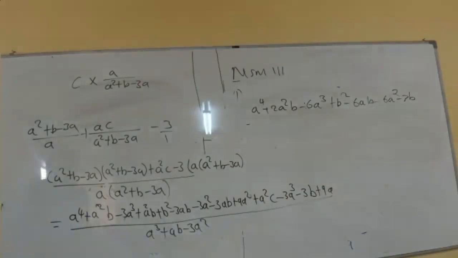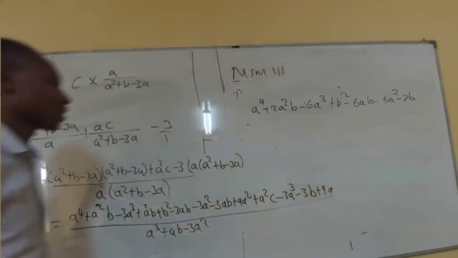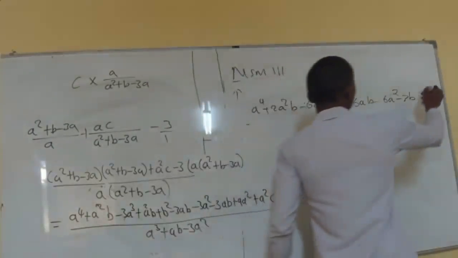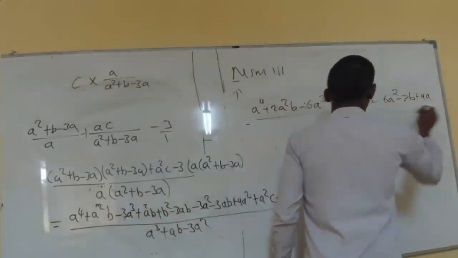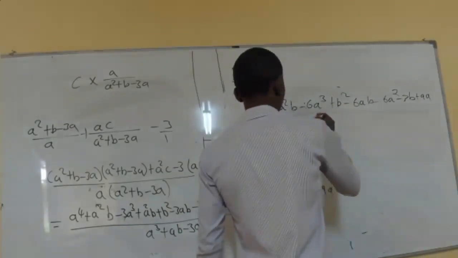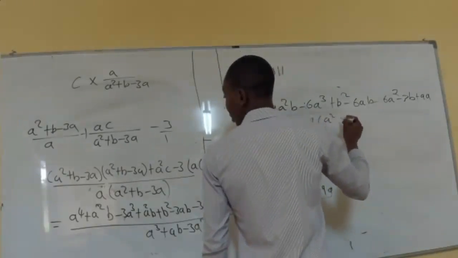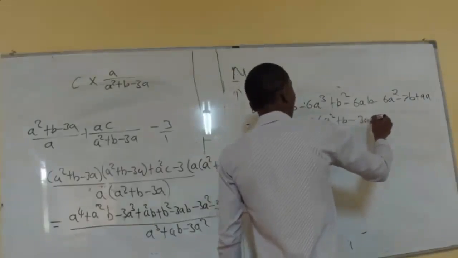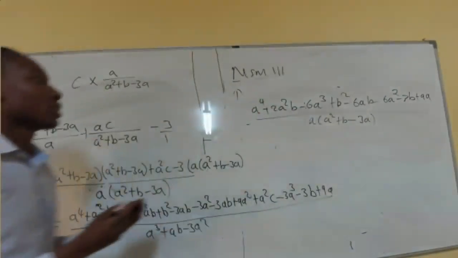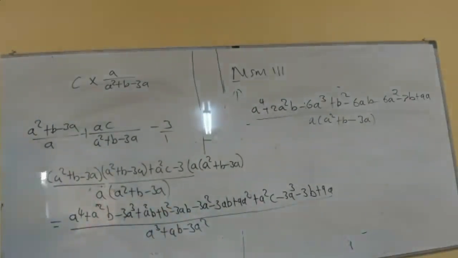So the one which has just A is the last part. You notice that the last part is plus 9A, right? So over A squared plus B minus 3A, right? So if I'm going to write that in an order, let's write that in an order.